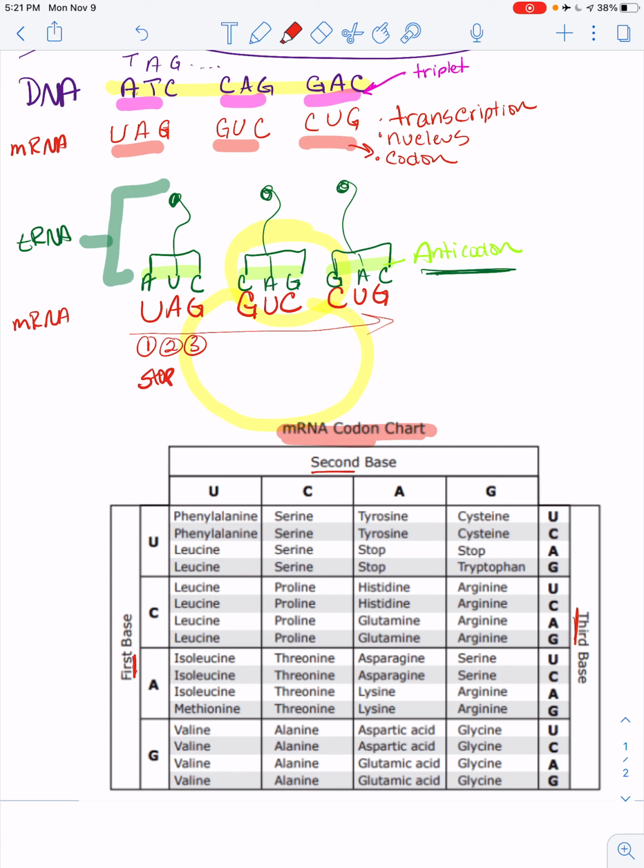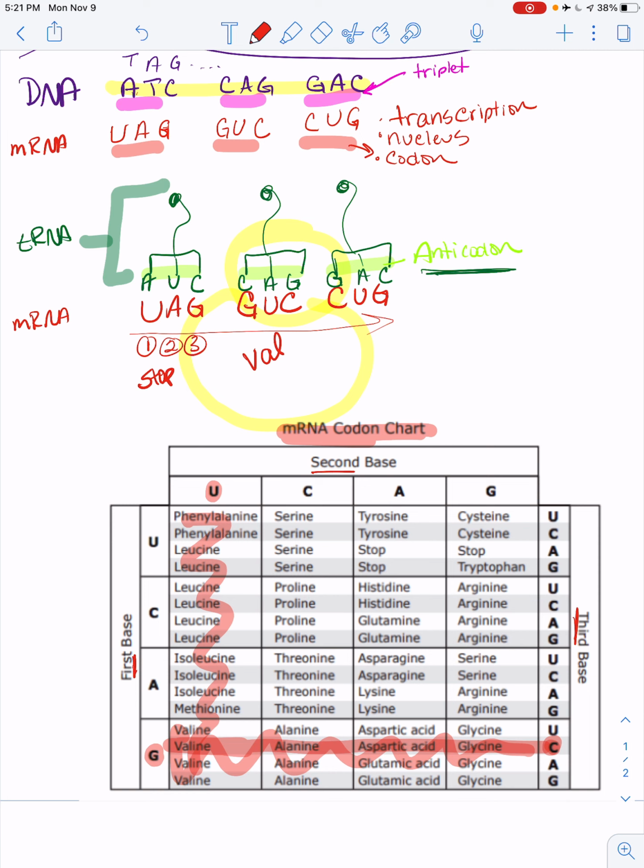So then we've got G. Here is G. Then we've got U. And we've got our C. So here again, we've got our G, we've got our U, we've got our C, so we're going to come over, and our next one is valine. So we're just going to use the first three letters, V-A-L.